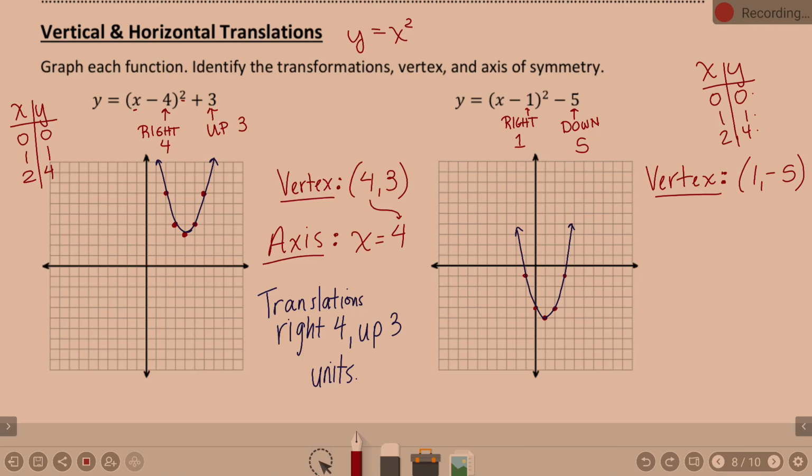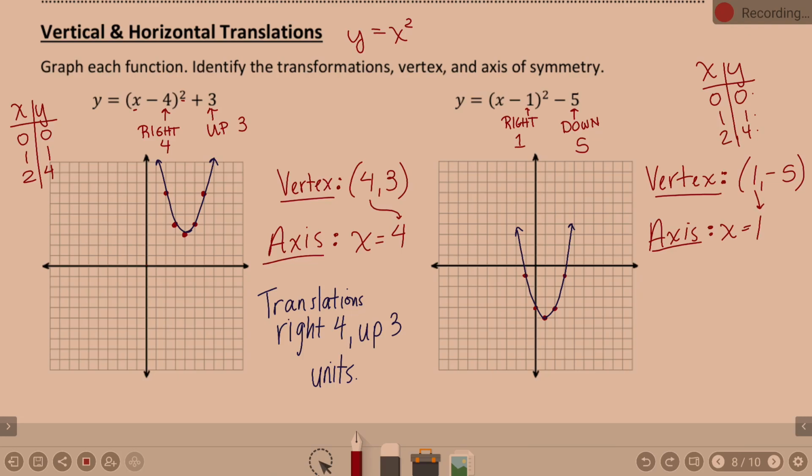Okay, 2 other things to list. Did you list your axis of symmetry? What's my axis of symmetry? X equals. Yeah. Remember, I don't want just 1. It's the equation of the line, so it's x equals 1.